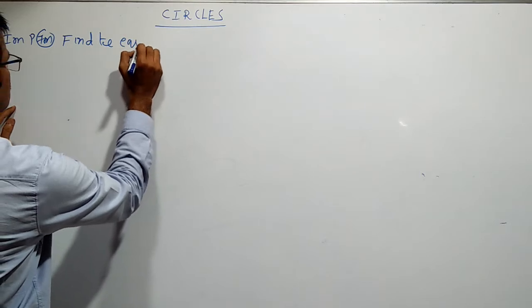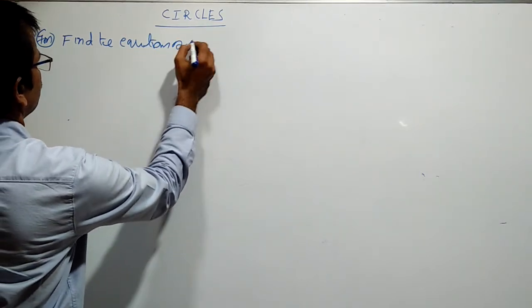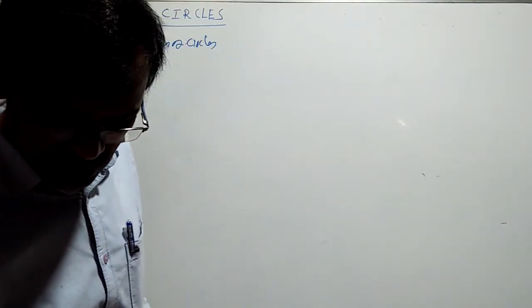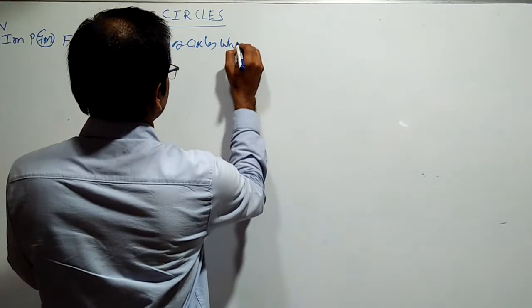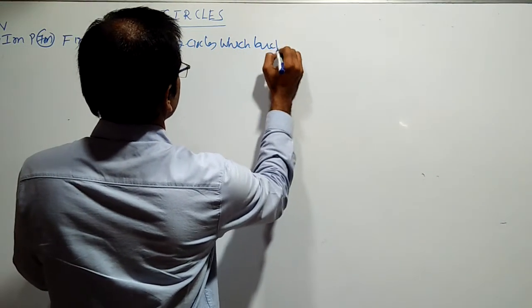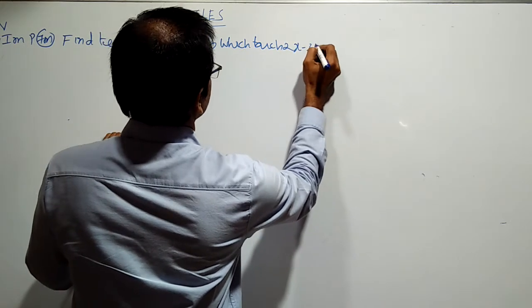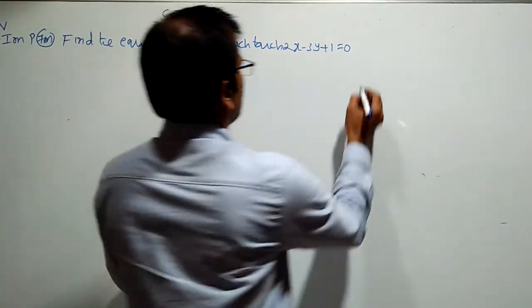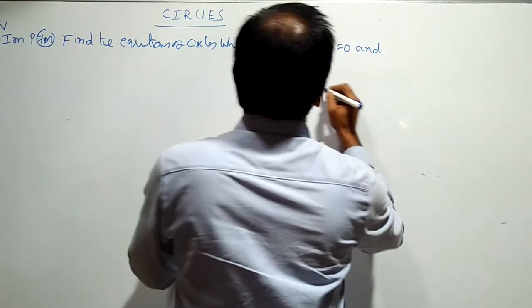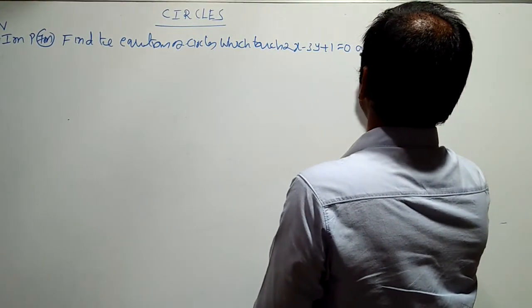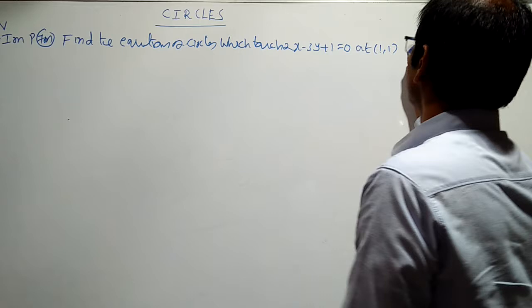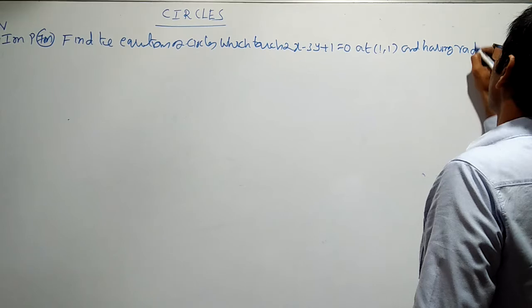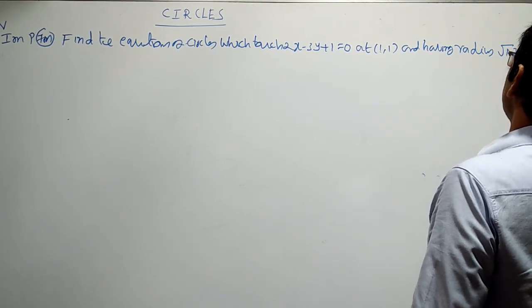Find the equations of circles which touch 2x minus 3y plus 1 equal to 0 at 1 comma 1 and having radius root 13 units.